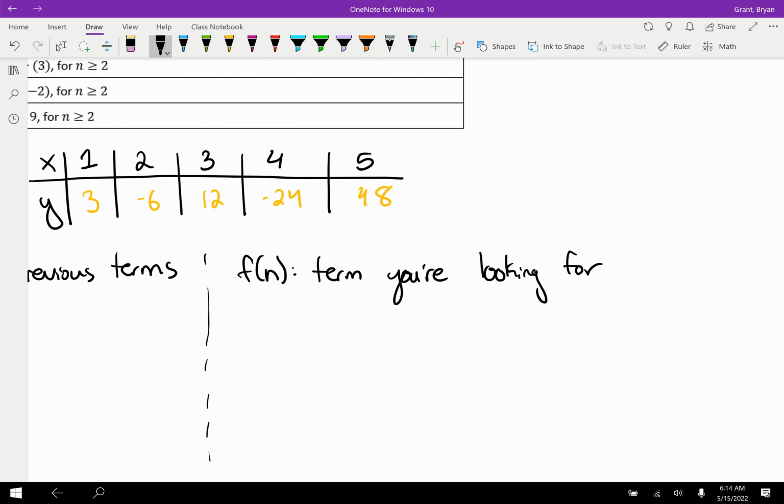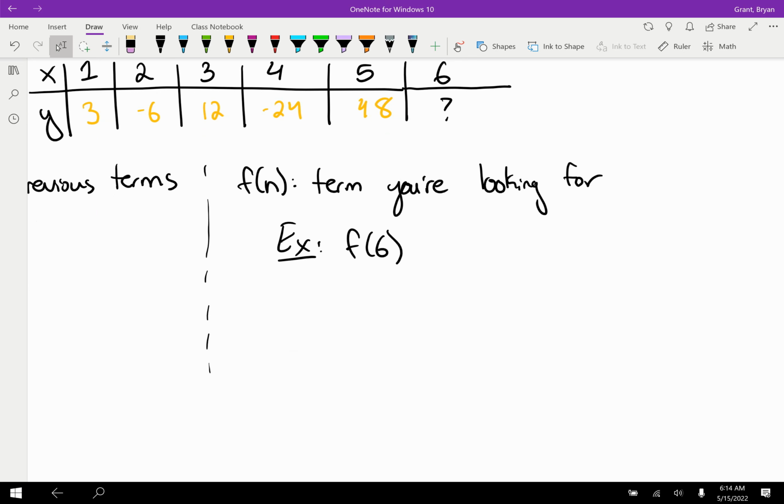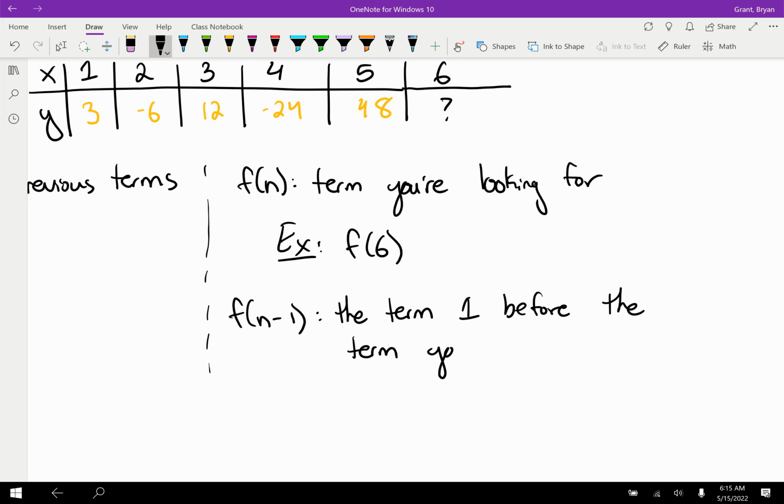So, for example, if they said, what is the value of f of 6, then if you think of a table, we're looking for what is the output for f of 6. And here's the tricky part of recursive stuff. F of n minus 1 is the term 1 before the term you're looking for.